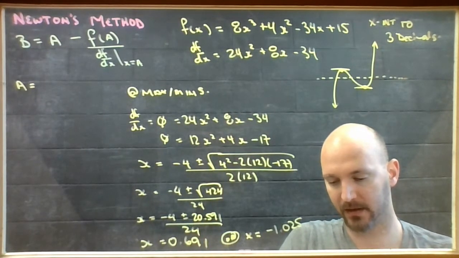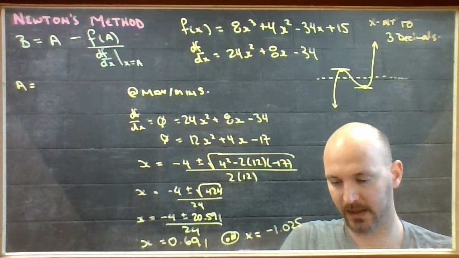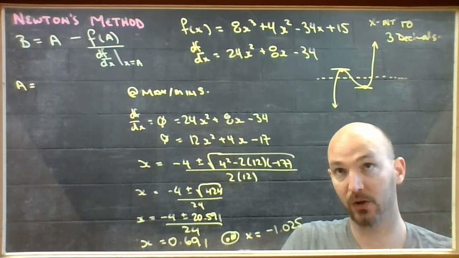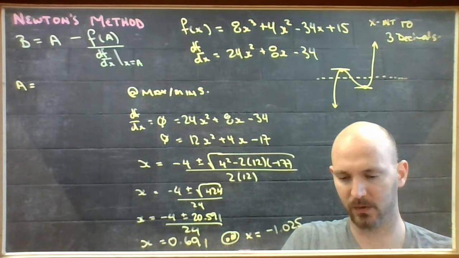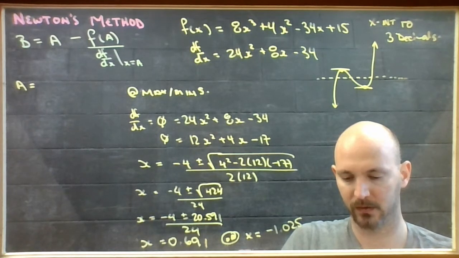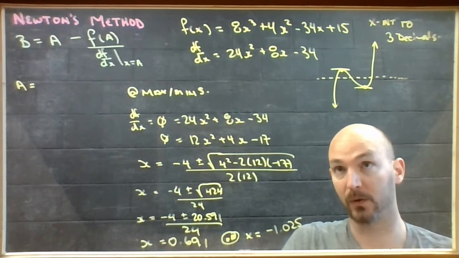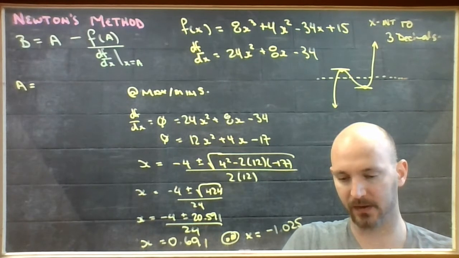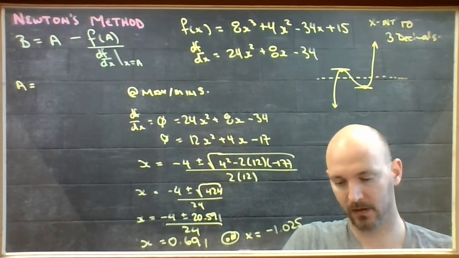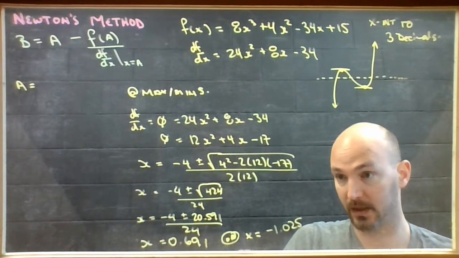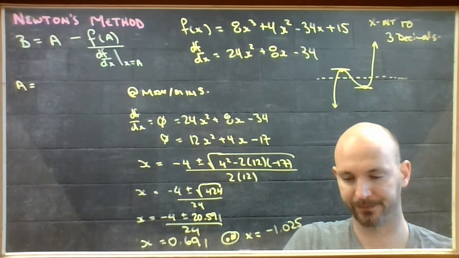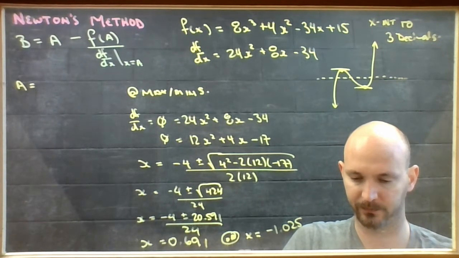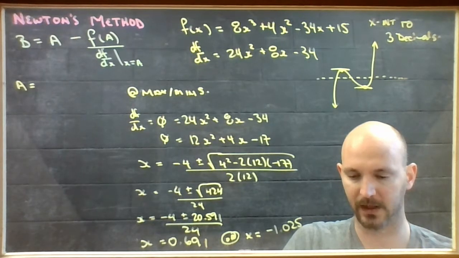So 8 times 0.691 cubed plus 4 times 0.691 squared minus 34 times 0.691. This calculator is being difficult.